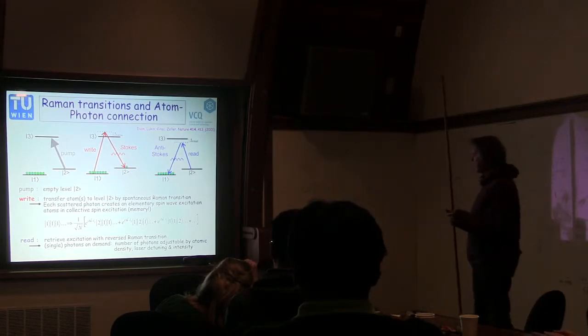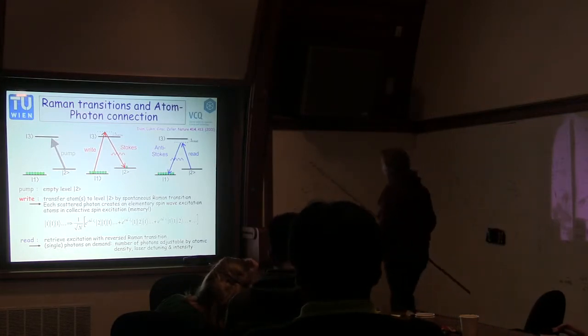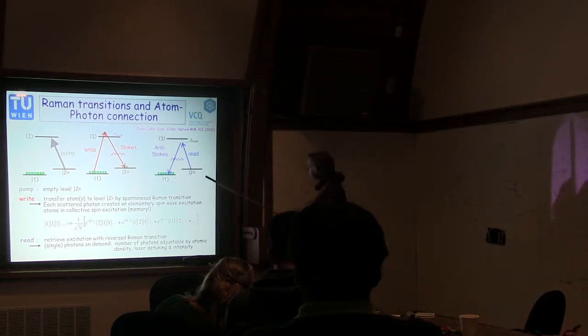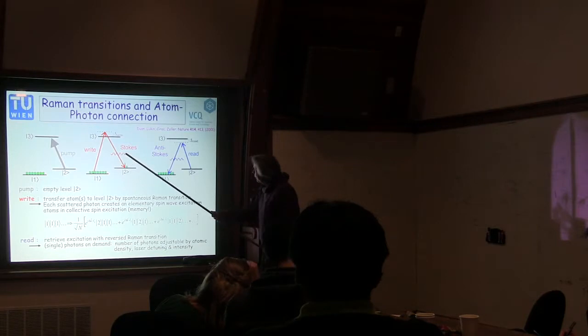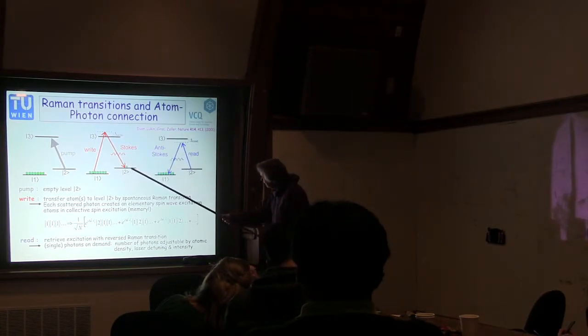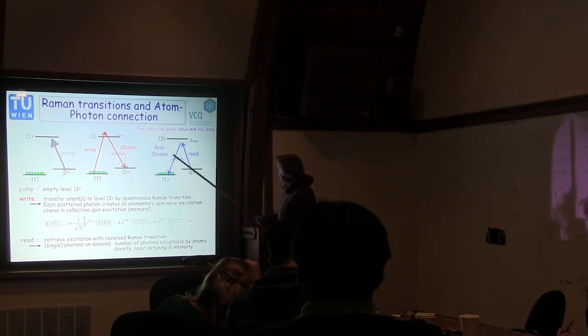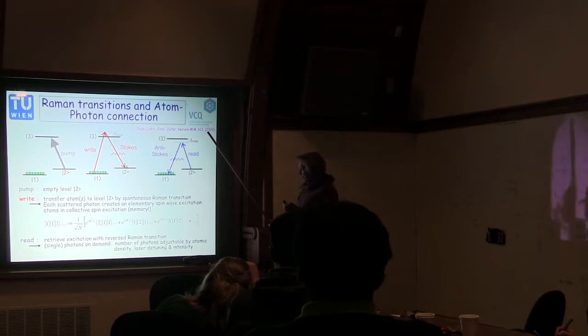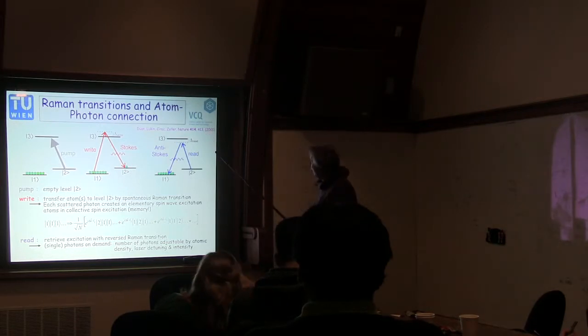So this was one of the key points of Peter's proposal: you create an excitation, you get a photon out which tells you that you've created the excitation, and you can read the excitation out by sending in another light beam.